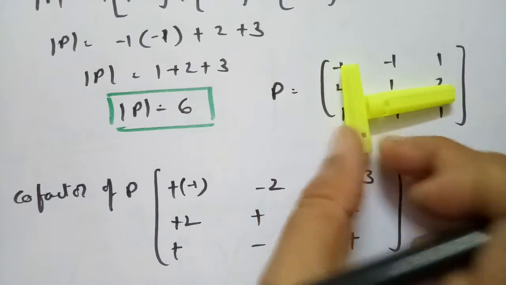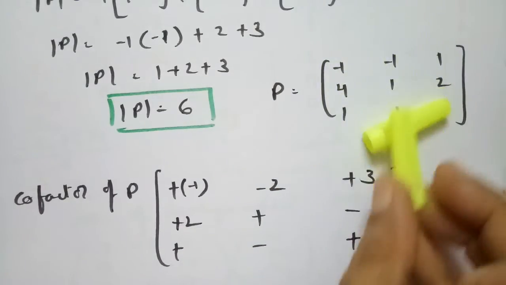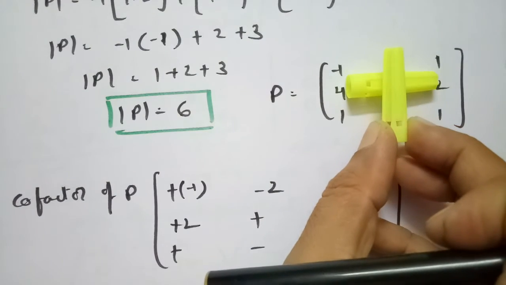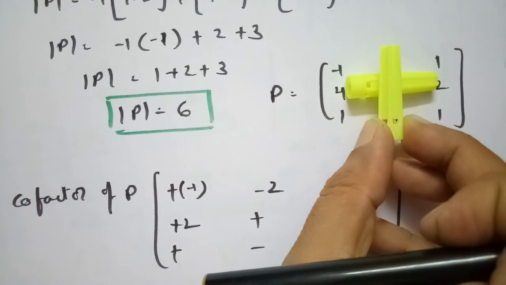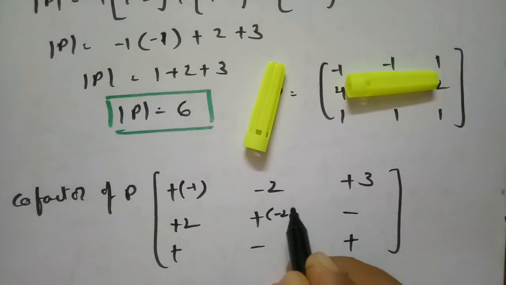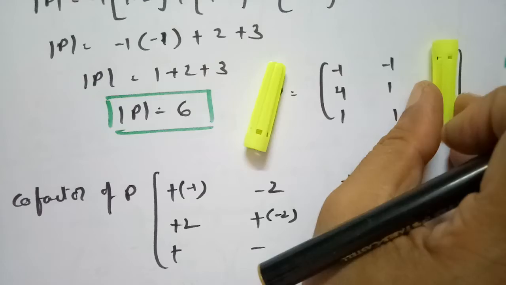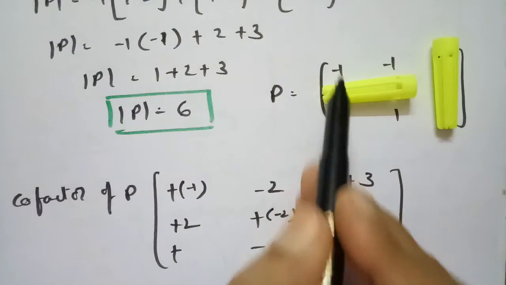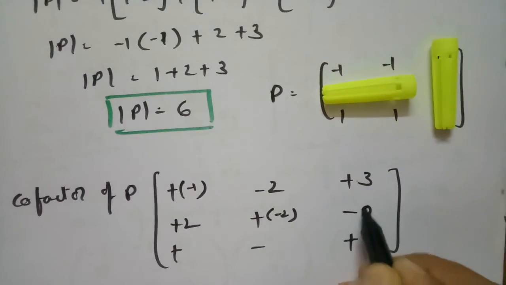For the middle one, if we close this row as well as this column, this is minus 1 and again minus 1, so this will be minus 2. For the last one, if you close this row and column, this is minus 1 plus 1, so this is 0.